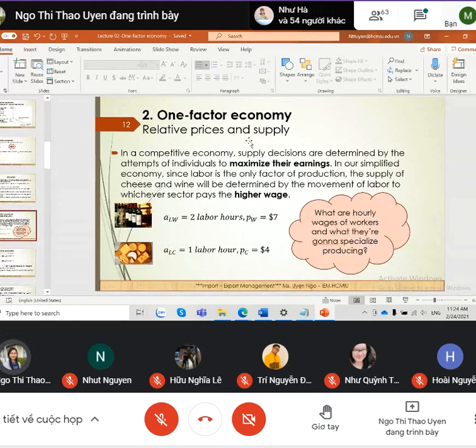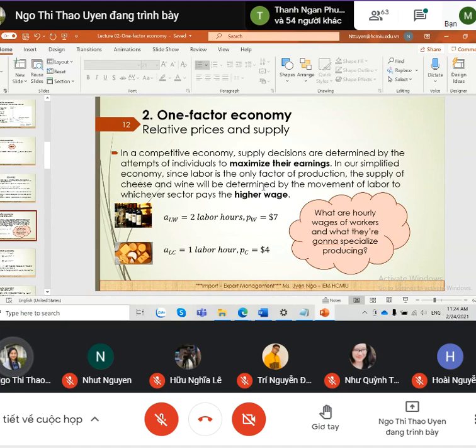Now, as we said before, the trading pattern between two countries does not depend only on the comparative advantage, but we have to consider other factors like wage, supply, and demand.